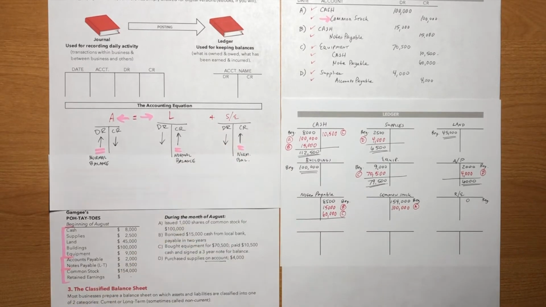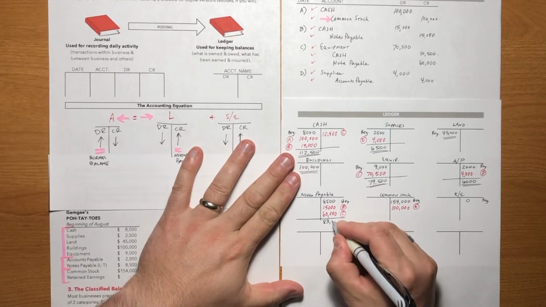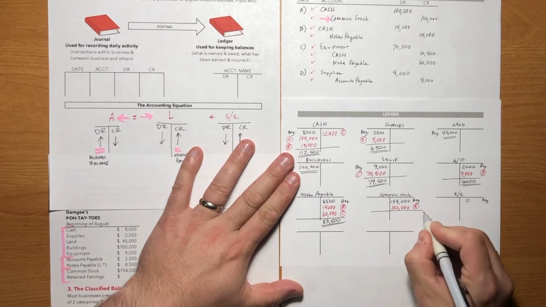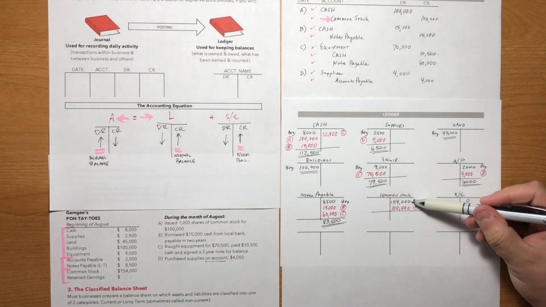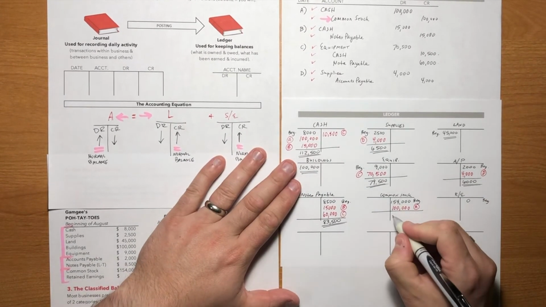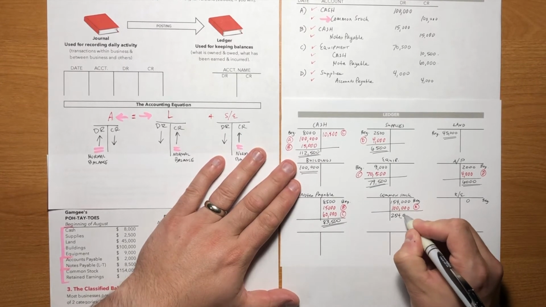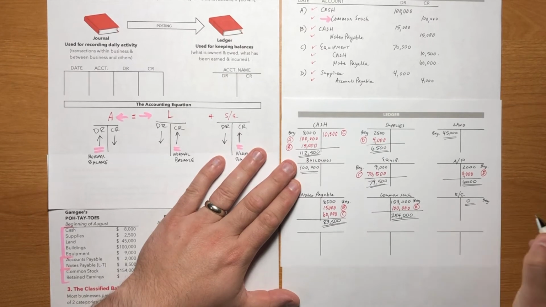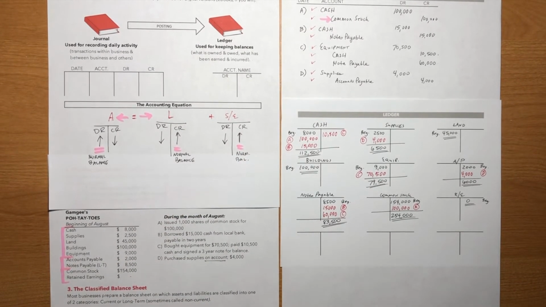Then we added $15,000 and we added $60,000. So we should have $83,500. Common stock started with $154,000. We added another $100,000. So we should have $254,000. Retained earnings didn't change.